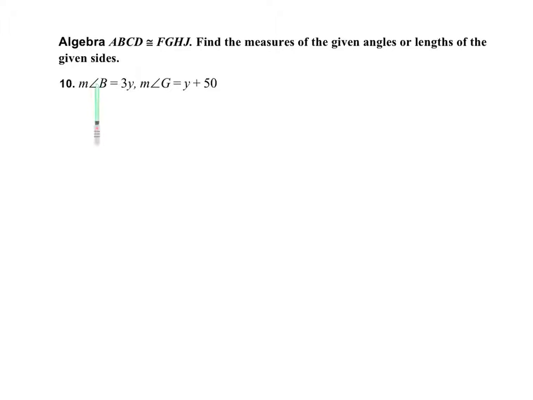So I know that I'm working with angle B and angle G. As you can see, in the order, B and G are corresponding angles, so they have to be congruent. So 3y equals y plus 50. Subtracting y, 2y equals 50, and I'm just going to divide by 2.